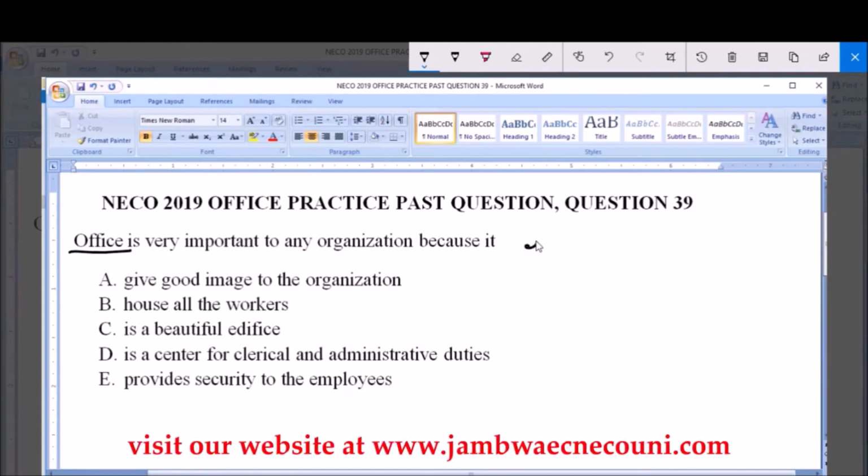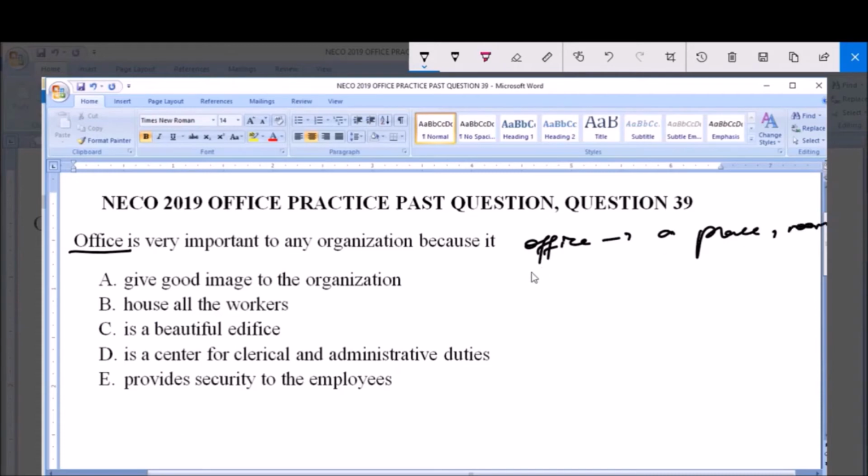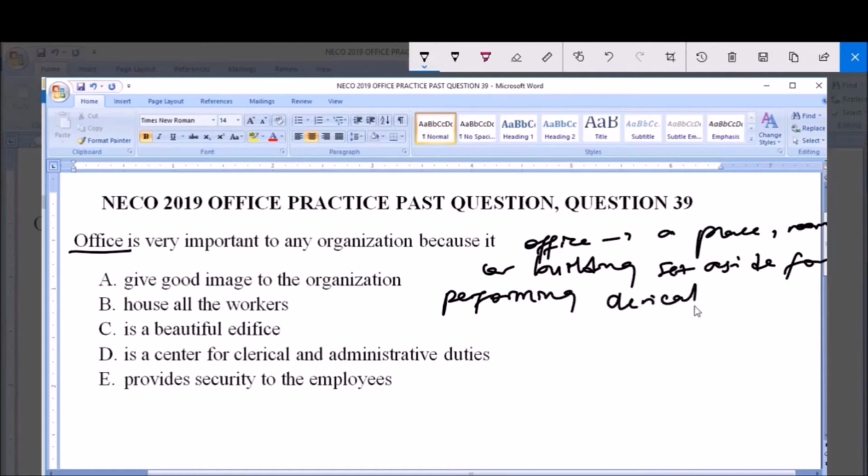Now, first of all, what is an office? An office simply refers to a place, room, or building set aside for performing clerical and administrative duties in an organization.